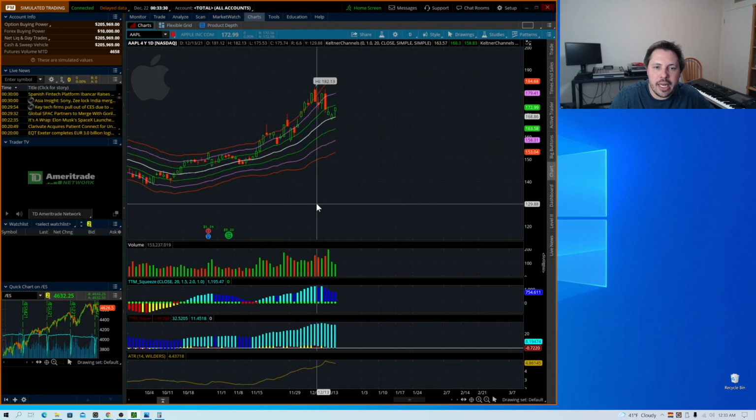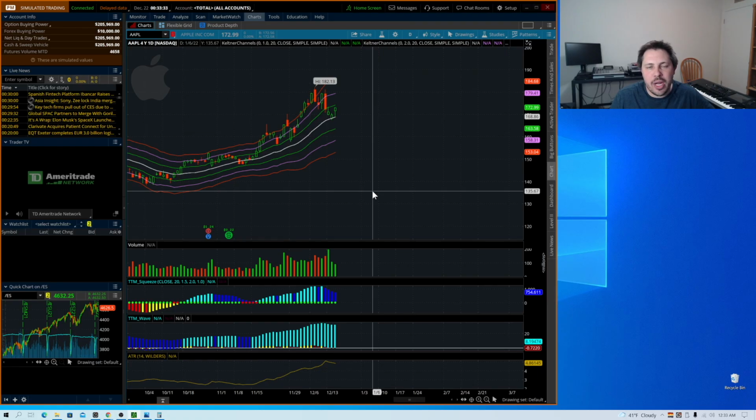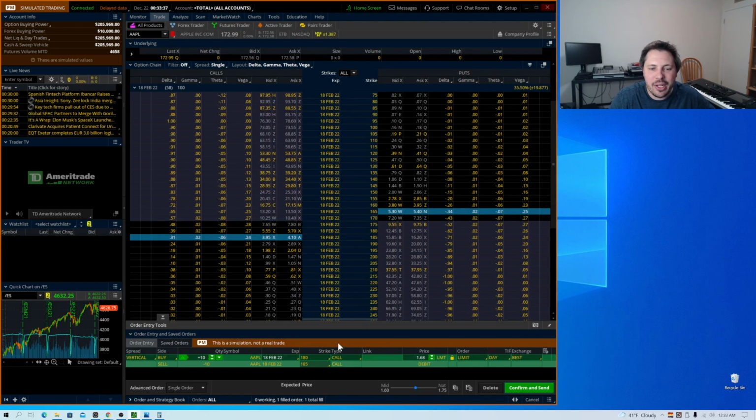So again, for debit spreads, it's the opposite of the credit spread. We bought the 180 and we sold the 185.